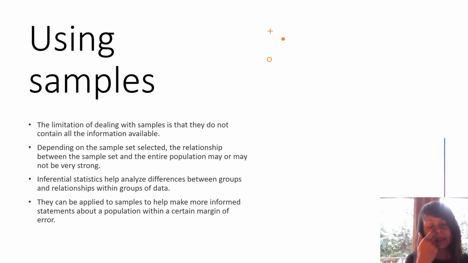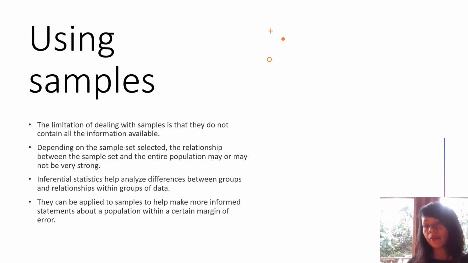So using samples, the limitation of dealing with samples is that they don't contain all the information available. Depending on the sample set selected, the relationship between the sample set and the entire population may not be very strong.